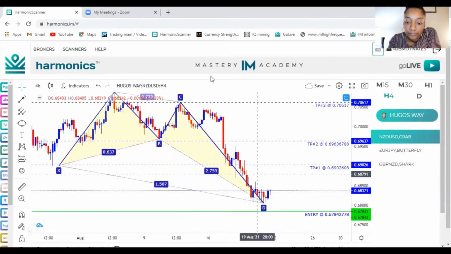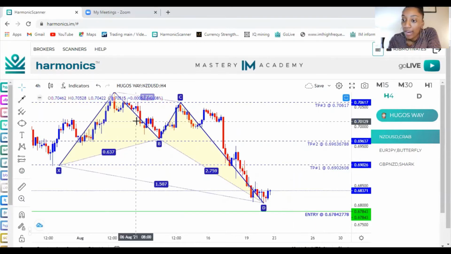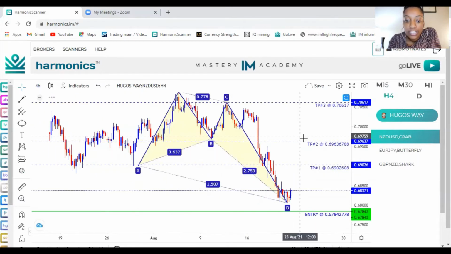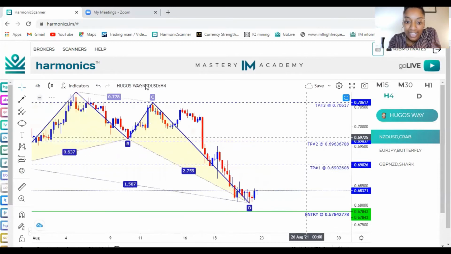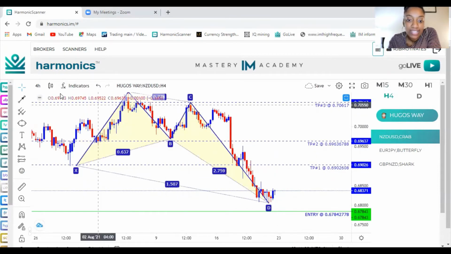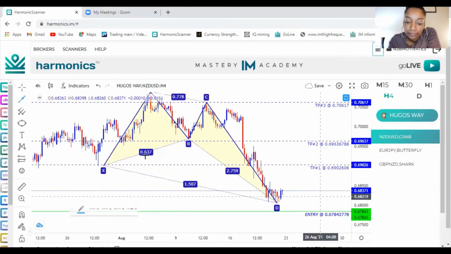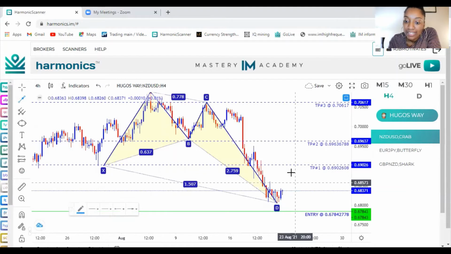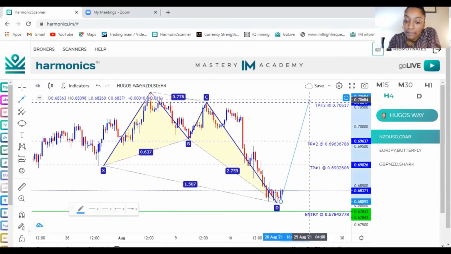So we saw an example for a sell, and now let's look at this for a buy. So the Harmonic Scanner called this trade signal for a buy, meaning that they are predicting that price is going to make its way up. So the Harmonic Scanner created this harmonic pattern.